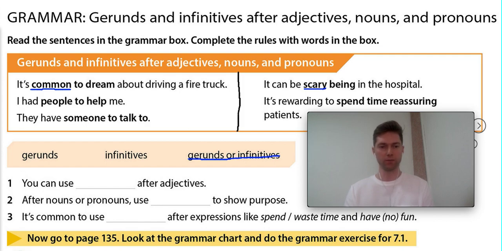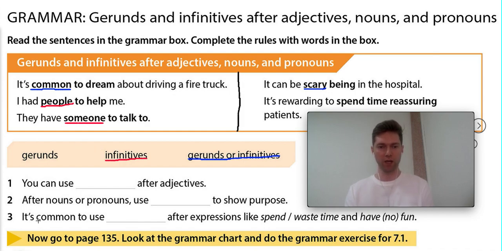Rule number two, after nouns or pronouns. Okay, we already know that people is a noun and someone is a pronoun. Okay, and after these we use infinitive. So we can say that after nouns or pronouns we use infinitives. Okay, rule number two complete.